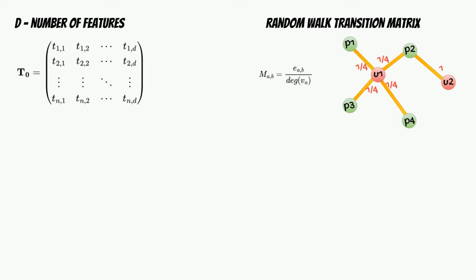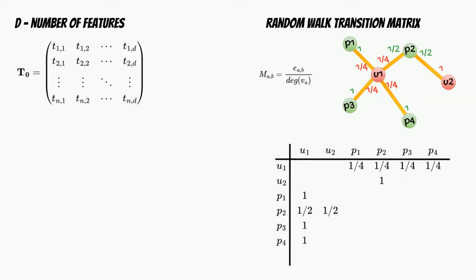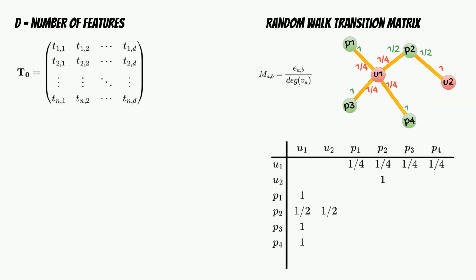The matrix describes the relations between nodes and is defined as a ratio of the number of edges running from the first to the second node and the degree of the first node. The training phase is iterative multiplication of the embedding matrix and the transition matrix, followed by L2 normalization of the embeddings rows. Finally, we get an embedding matrix for the defined number of iterations.